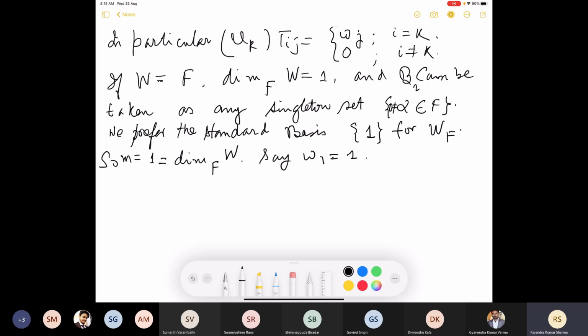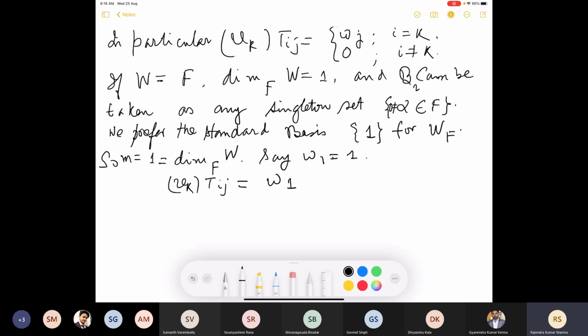So Vk under Tij, we need not write this j because this is 1. So Vk under Tij is simply Wj, and this is W1.